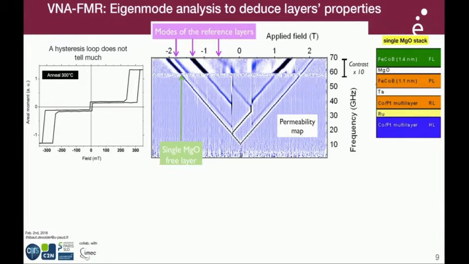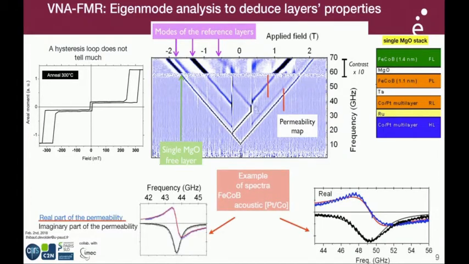because you have 4 magnetic blocks. And if you spectrally analyze this ferromagnetic resonance frequency, that is to say, if you make vertical cuts on this graph, you can, for instance, make a vertical cut here where you will see a narrow ferromagnetic resonance line indicative of a layer with a small damping. It's the free layer.